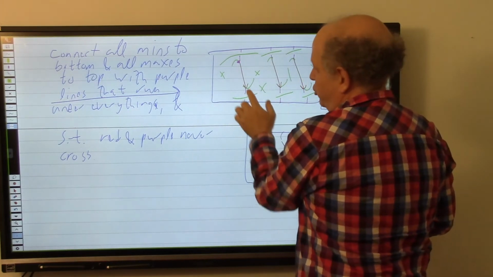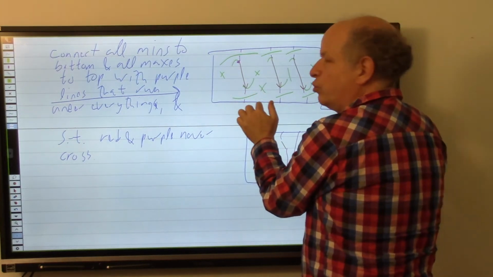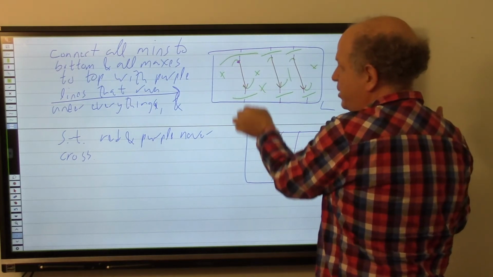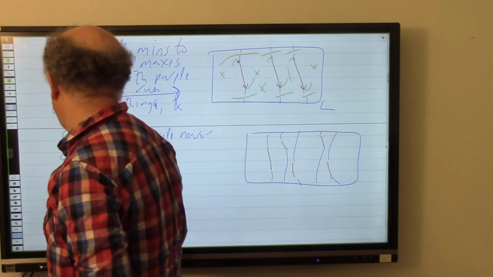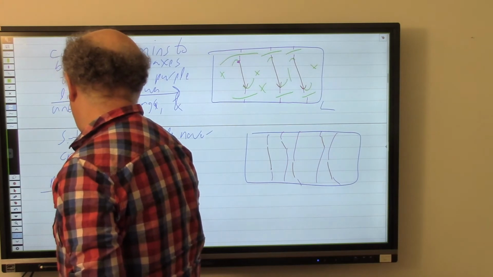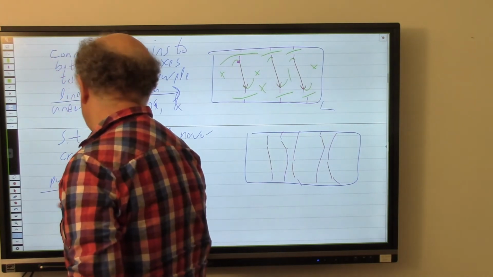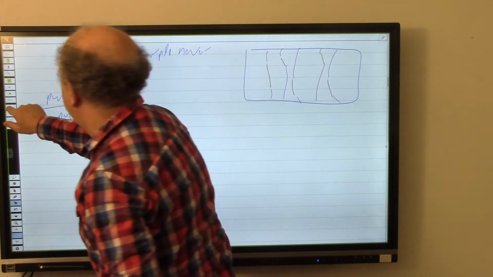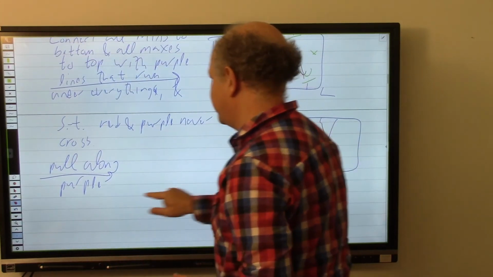But so now the red strands do cross other things because I create crossings. So maybe I'll show it schematically. So the next step is pull along purple, and the result will be, wait, maybe I should do it so that this is still visible.